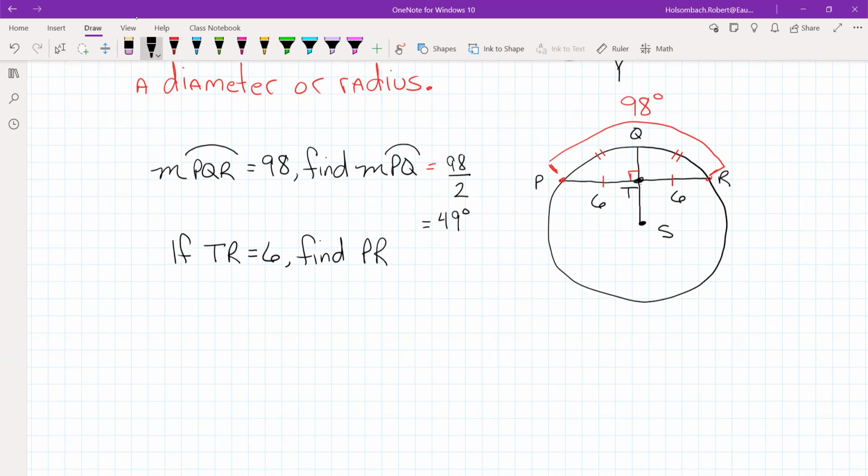And if both of the small pieces of a chord are equal to 6, what is the big piece, PR, equal to? 12. Good. Any questions?